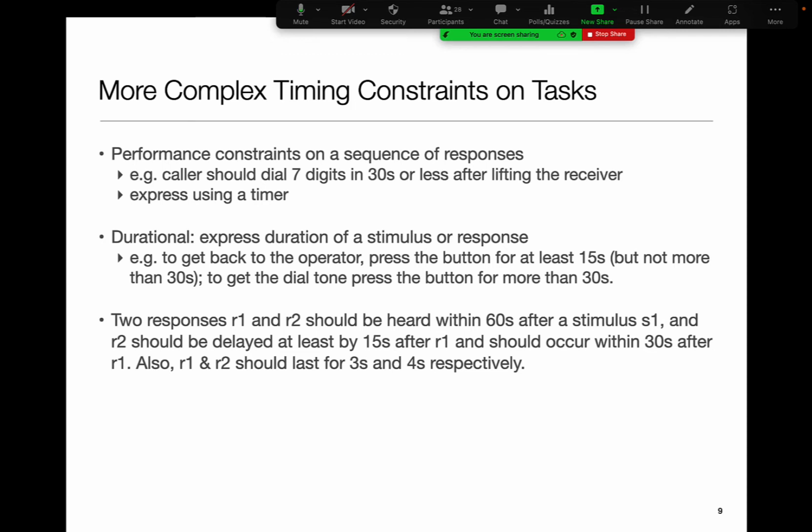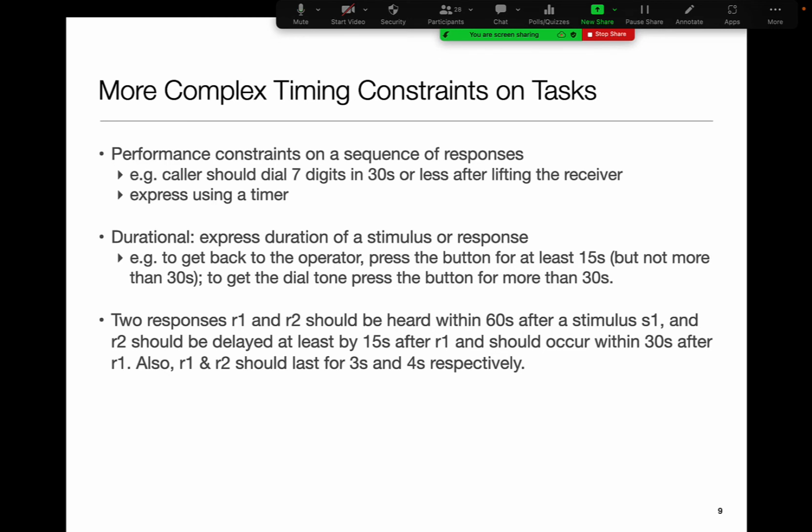For example, not only are we saying 2 successive digits must be dialed no more than some time apart, but we may also have something about an overall constraint. The caller should dial 7 digits in 30 seconds or less. So you often see requirements like this, that a certain number of events must happen in a time duration.